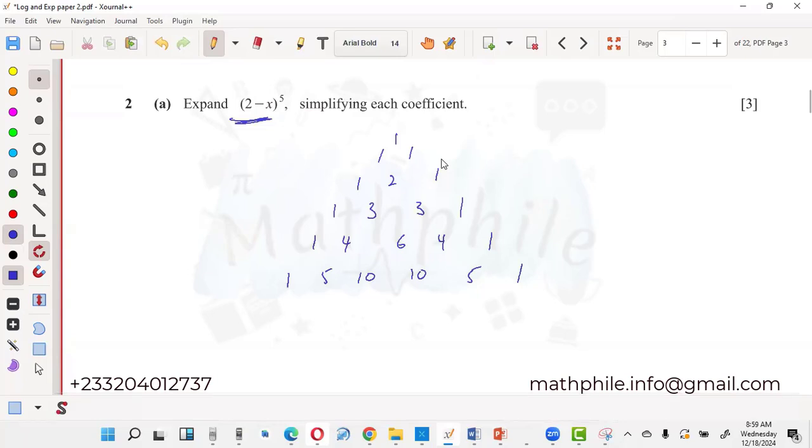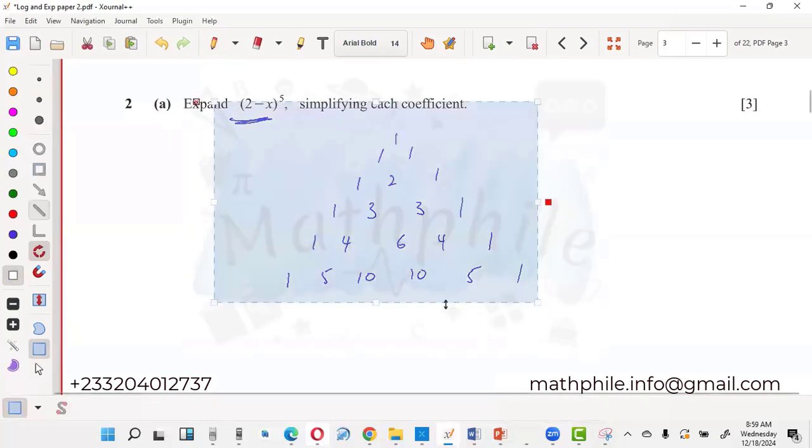You don't know this one, I know. It's a topic we'll be doing next term. So we'll hold on to this question because you'll not be able to solve it.